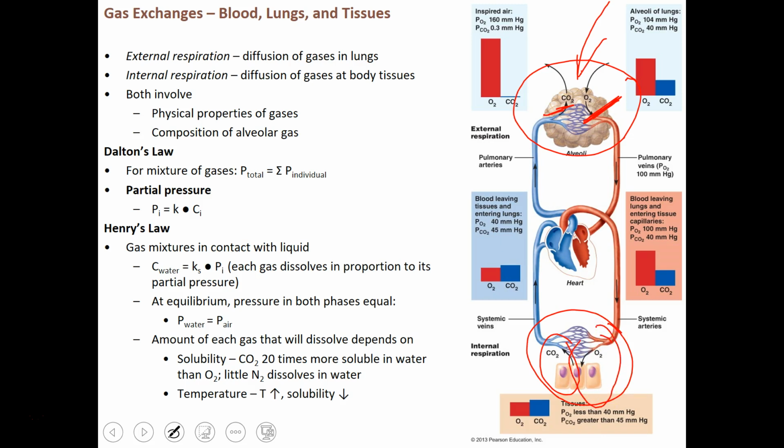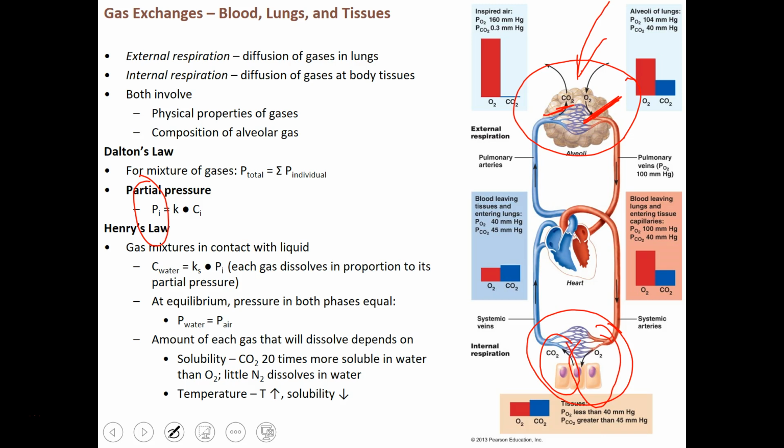So what drives this gas diffusion? It's the difference in partial pressures of gases between tissue, blood, and alveoli. So to understand this, we need to define the partial pressure, PI. It's the pressure of each individual gas in a mixture of gases.